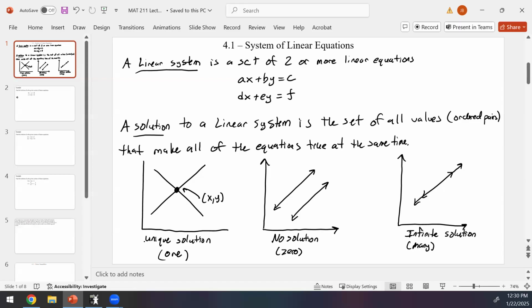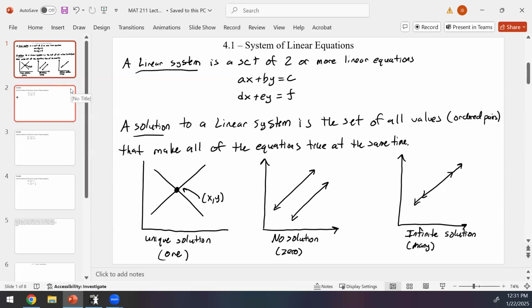So the unique solution is actually more interesting for a class like Math 211, because a lot of the time we're looking for a unique or optimal solution. In the context of solving application, constraint, and optimization problems, we want unique solutions. So I would say the unique solution is probably the most important.